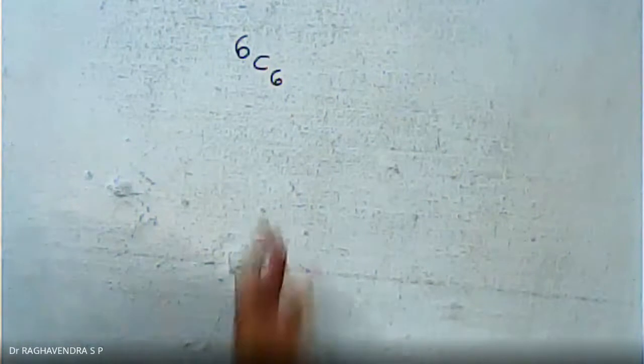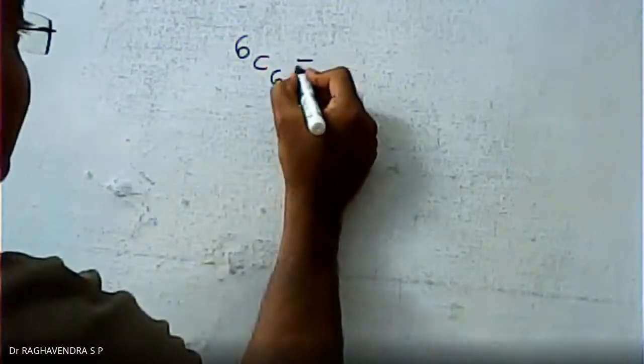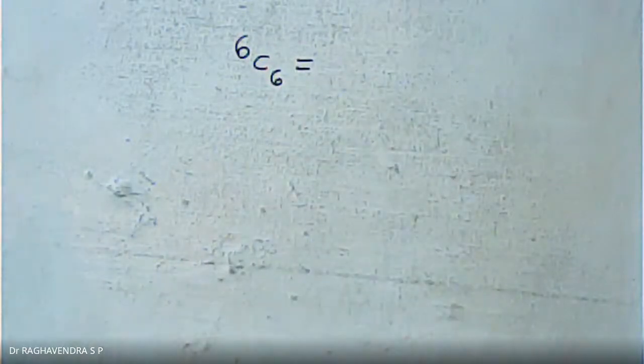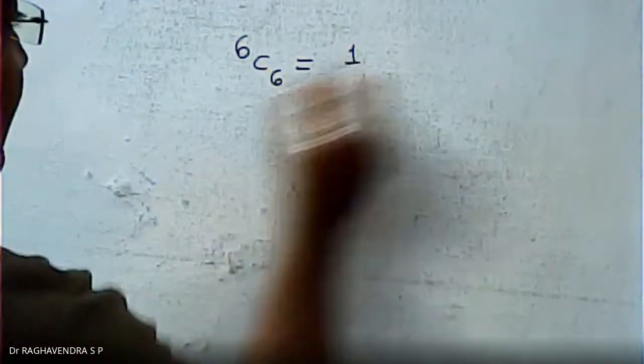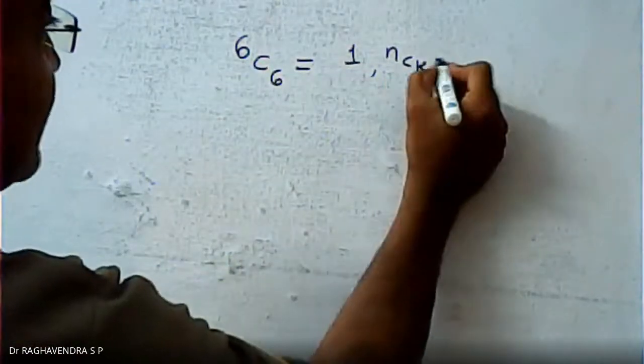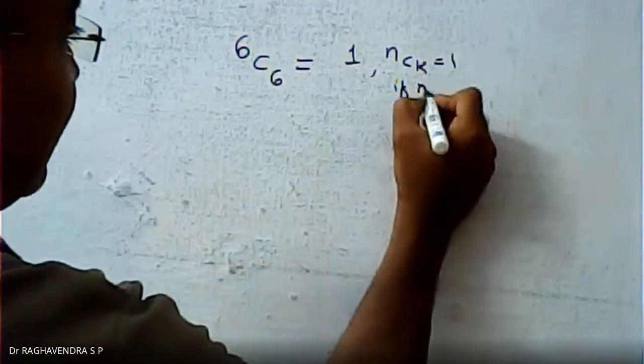So will you do this at home? Can anybody tell me what is 6C6? 1, sir. Very good answer. Because nCk is equal to 1 if n is equal to k.